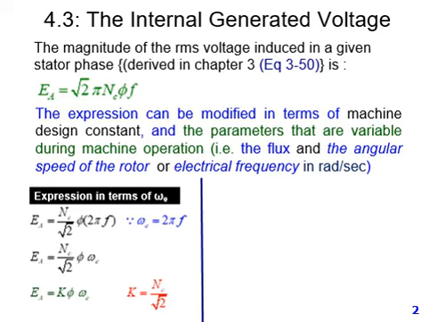The expression can be modified in terms of machine design constants and the parameters that are variable during machine operation: the flux and the angular speed of the rotor, or electrical frequency in radians per second. Now you can see that this is the section which deals with the electrical frequency.